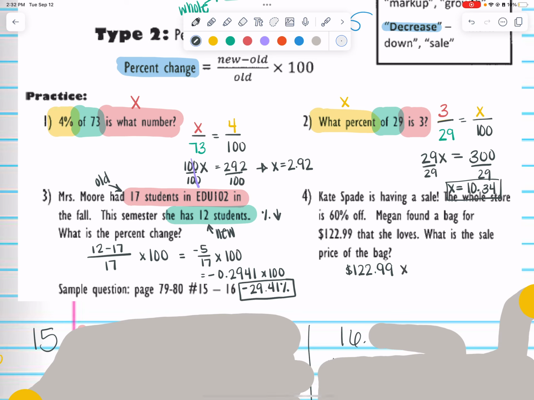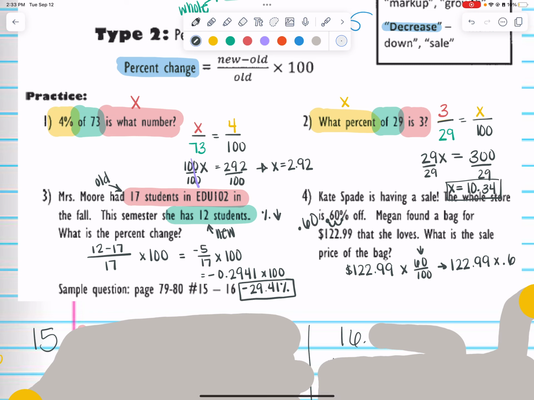And the sale is 60% off. So I'm going to multiply by 60 over 100. Or that is also, move the decimal 2 spots to the left, 0.60. But since that's a percent, I have to do 60 over 100, or 0.6. Okay, so I'm going to multiply 122.99 times 0.6.